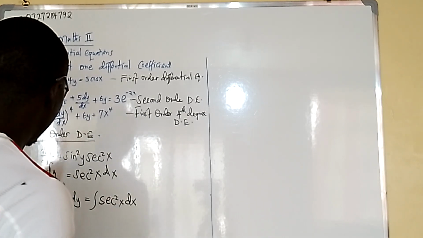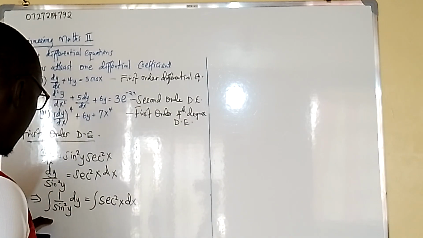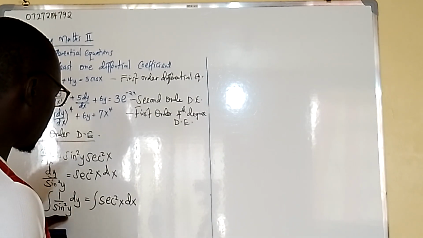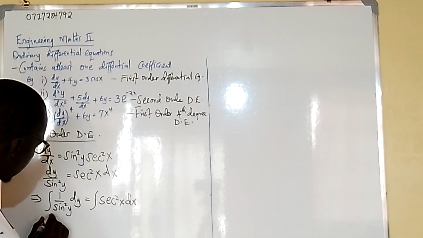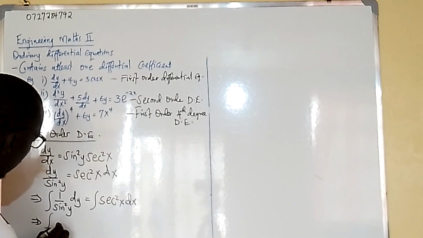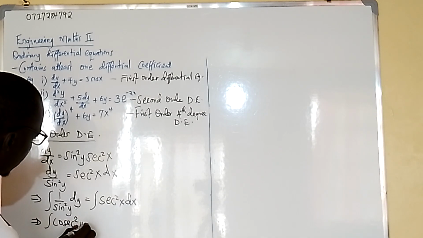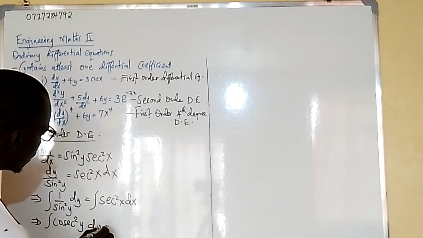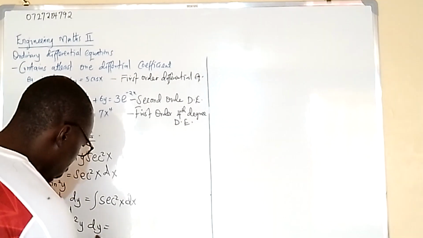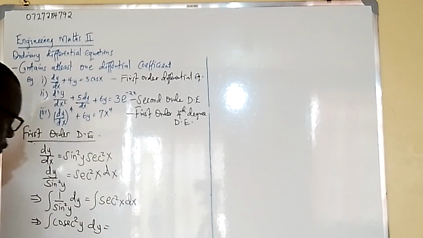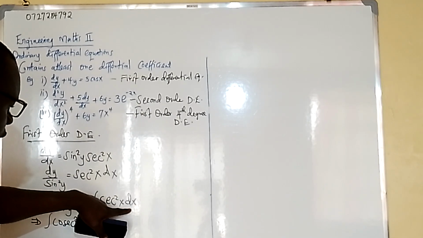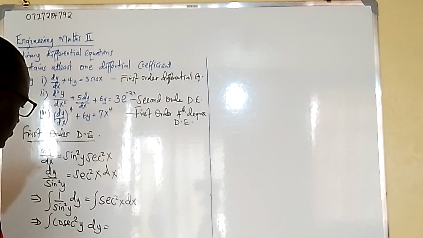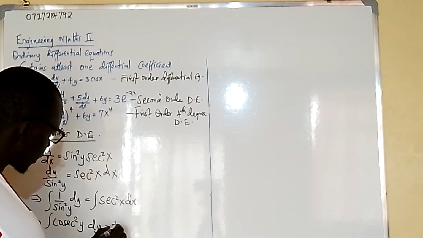1 over sine squared of y is equal to cosec squared of y. So we just come here and say this implies that integration of cosec squared of y with respect to y is equal to integration of sec squared of x dx, which becomes tan x.